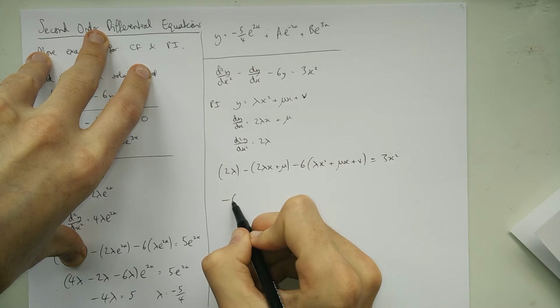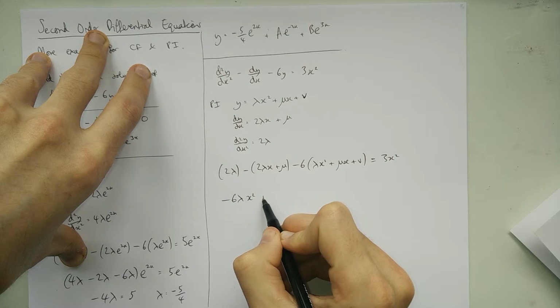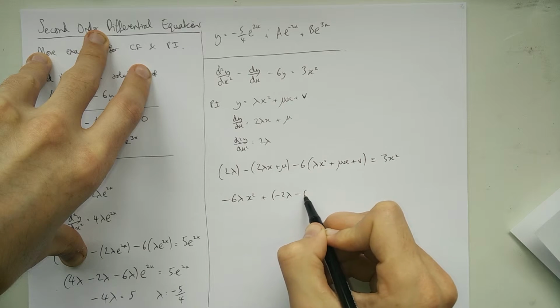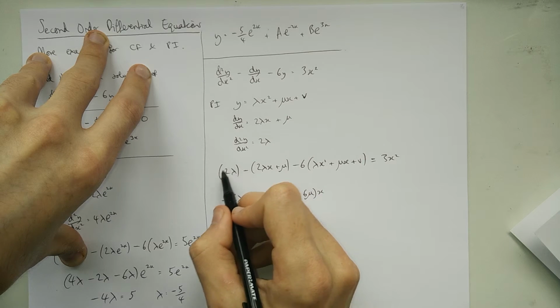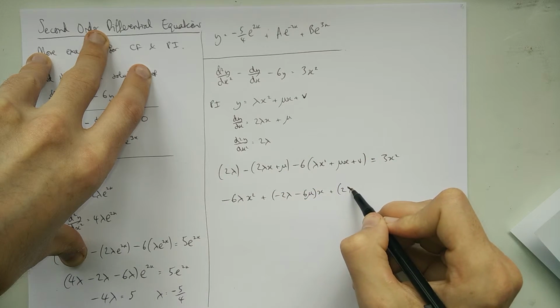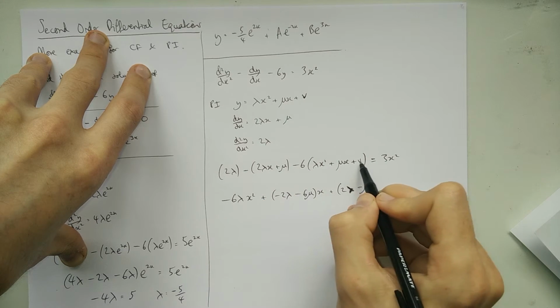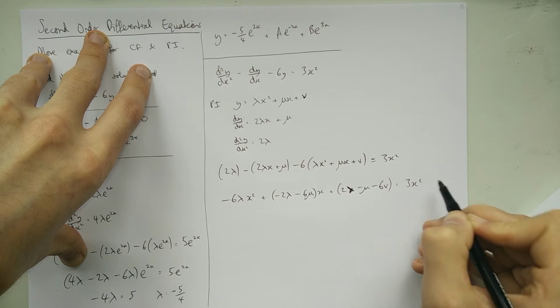So we've got minus 6 lambda x squared. The x terms, we've got minus 2 lambdas there, and over here we've got minus 6 mu's. That's the x terms, and there's 3 constant terms. We've got 2 lambda there, minus mu, and minus 6 nu, and that's all equal to 3x squared.